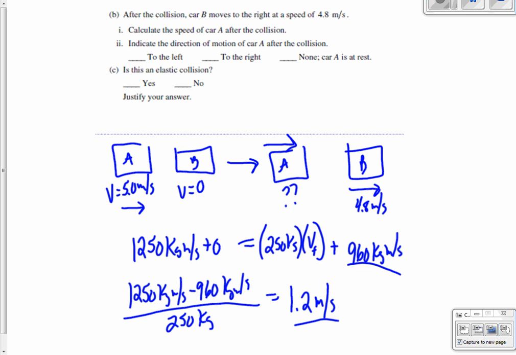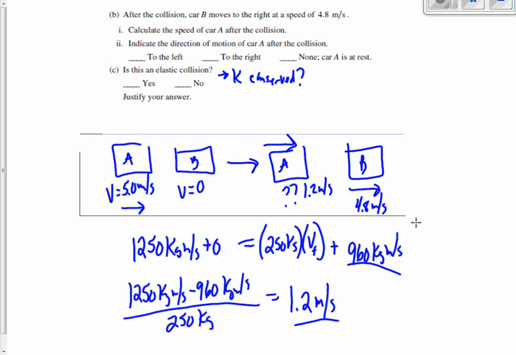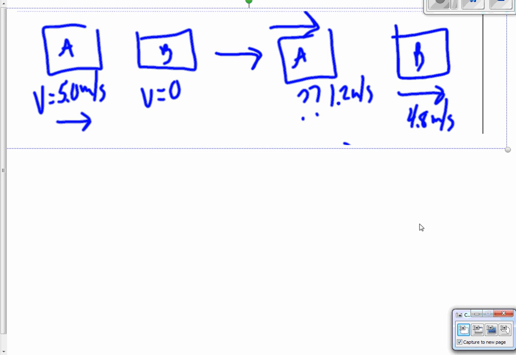And then lastly, is this an elastic collision? Once again, if it's elastic, it's basically asking whether K is conserved, right? That's what it's asking when it asks if it's elastic. So we have to solve it out. Let's write these values in. This one's traveling at 1.2. So is it elastic?